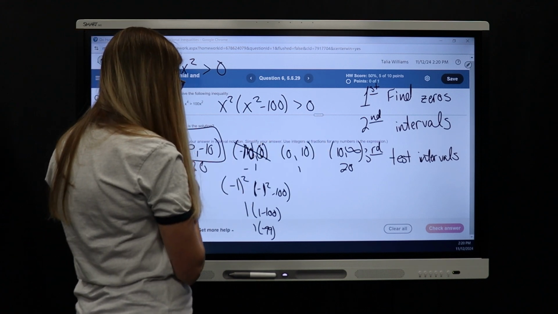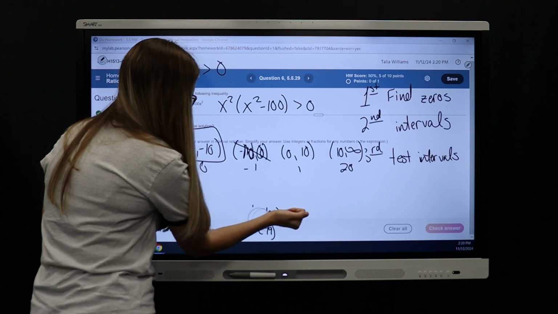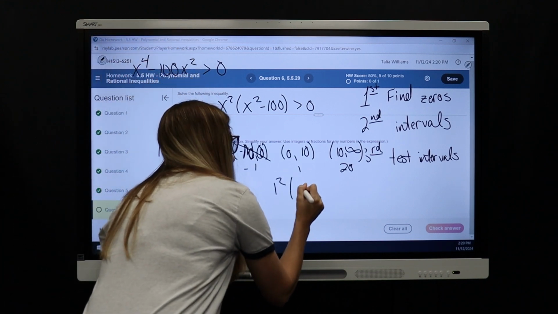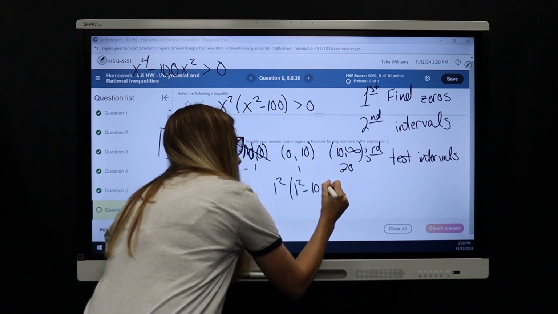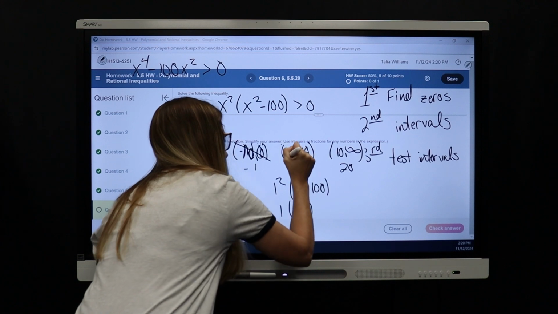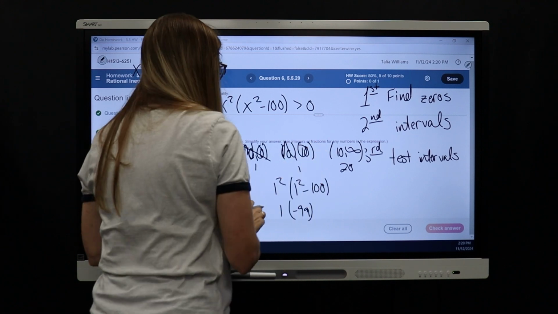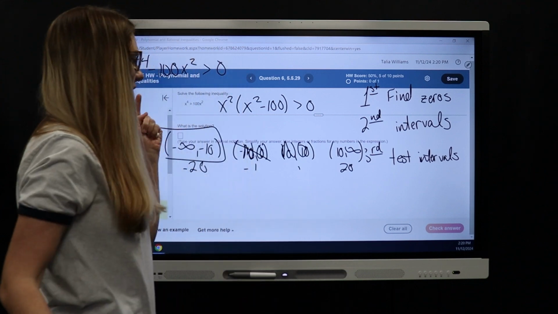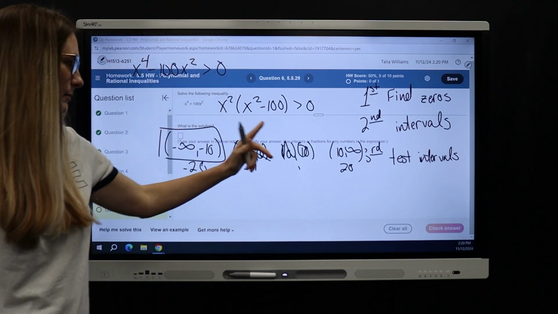No, sure not. 1 squared minus 100. 1 times negative 99. Nope. The thing about this one is since they're squared, it doesn't matter if it's negative or positive. They're going to match up.